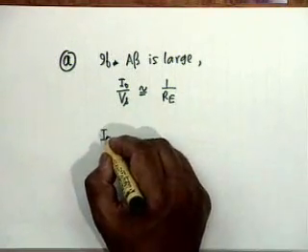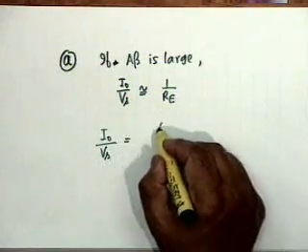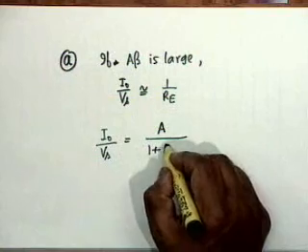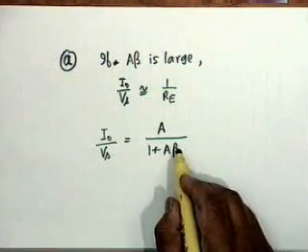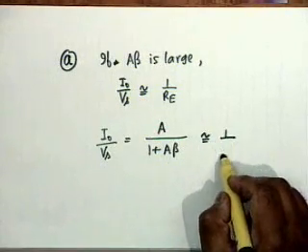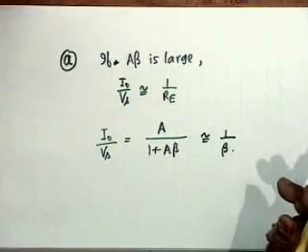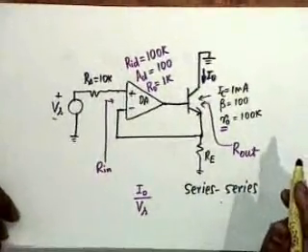Now we know this solution is extremely easy. I0 by Vs would be A divided by 1 plus A beta. If A beta is large compared to 1, then obviously this is approximately equal to 1 by beta. Now what is beta? Beta is simply Re. Why Re?